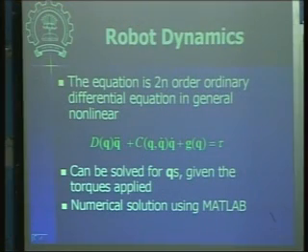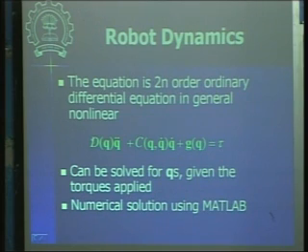Next we will see how this equation looks. It is a second order ordinary differential equation. You can see there is a double dot over here, and there are n such equations for an n link manipulator.